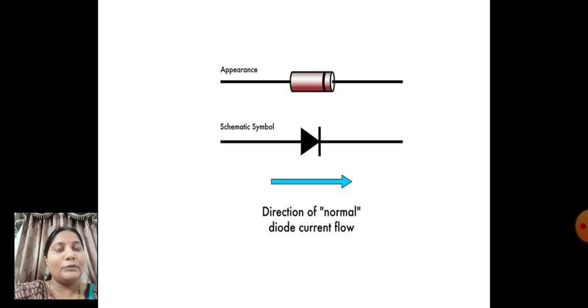Right. So what does this straight line indicate? This straight line indicates the depletion layer, depletion region. We will see what this depletion region is and also we will see how the current flows from positive to negative.